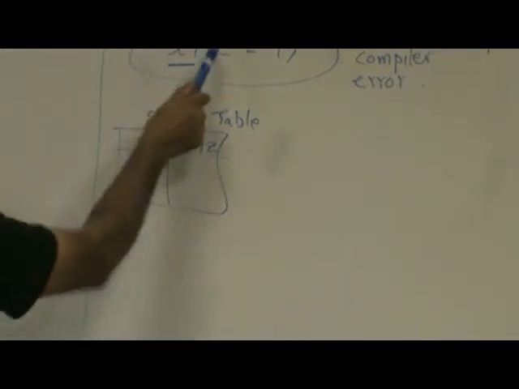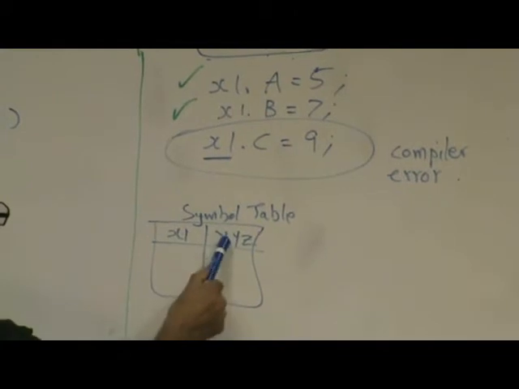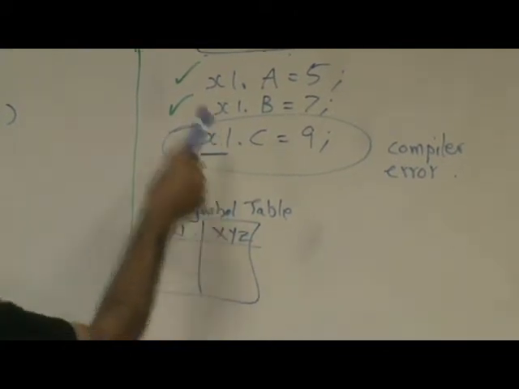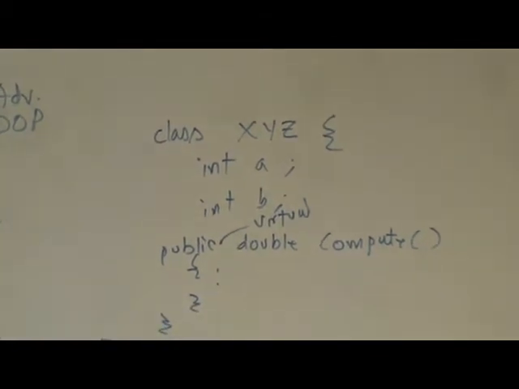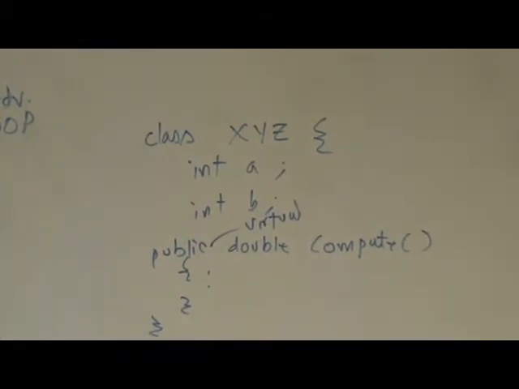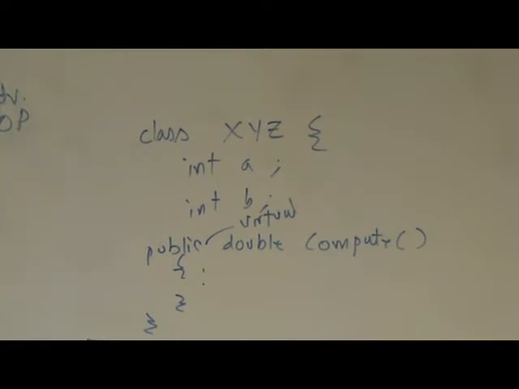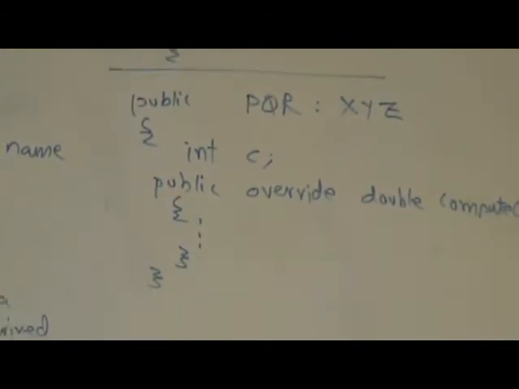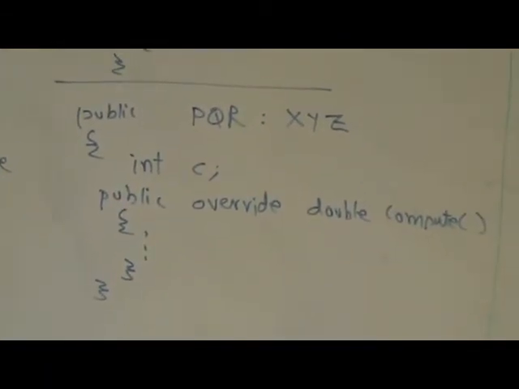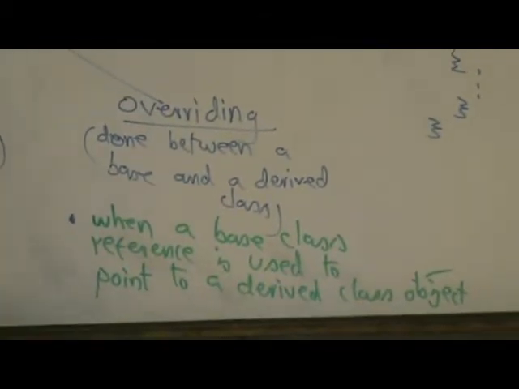Once the compiler comes to this line, it will say, oh, x1 is XYZ. So what will it do? It will go over here. Is there a C over there? No. So it will give us an error. However, we know that we allocated memory for PQR, and PQR does have a C in it. So this is a complication related to base class references and derived class objects.